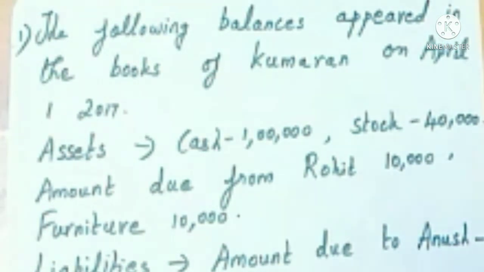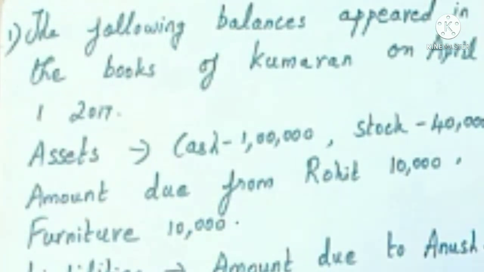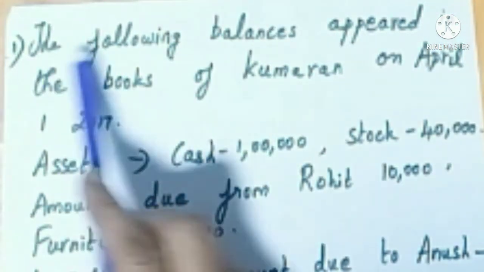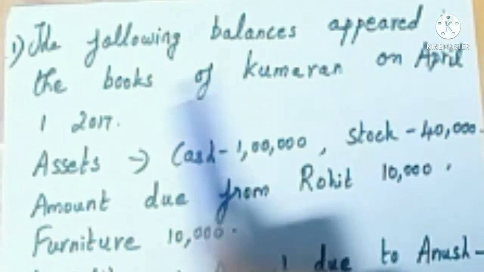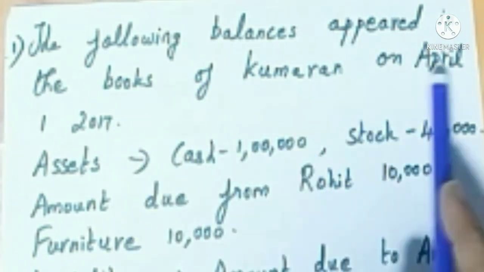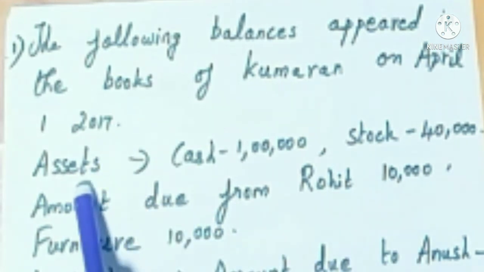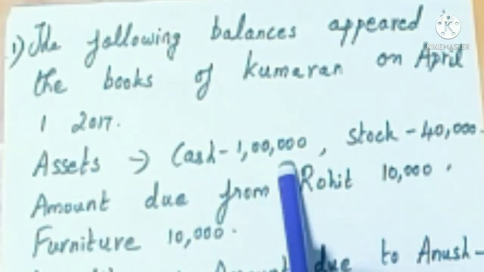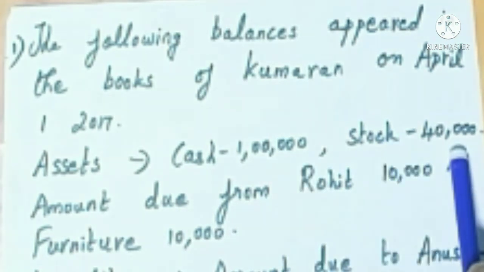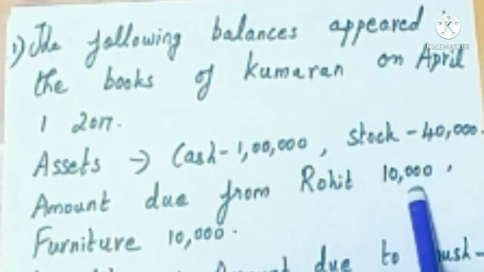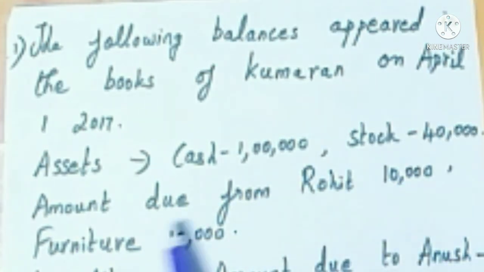Okay, let's see how to pass journal entries for the previous year's assets, liabilities and capital. Now let's see this problem. The following balances appeared in the books of Kumaran on April 1st, 2017. Assets: cash 1 lakh rupees, stock 40,000 rupees, amount due from Rohit 10,000 rupees, furniture 10,000 rupees.